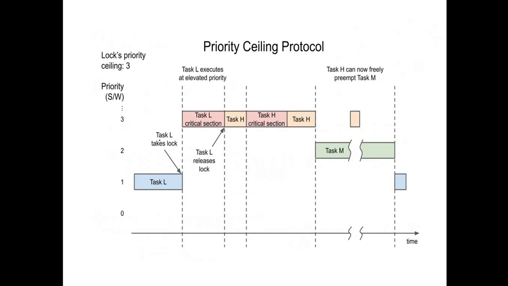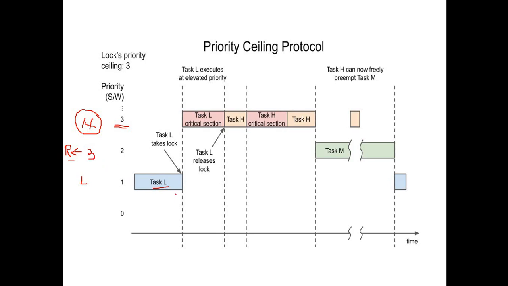Now let us see the priority ceiling protocol. Task L and task H both want to share the same resource. The priorities of the task L and task H are 1 and 3 respectively. The priority of H is more than L. So therefore, whatever resource the L process and H process need, the priority of this resource will be made 3.